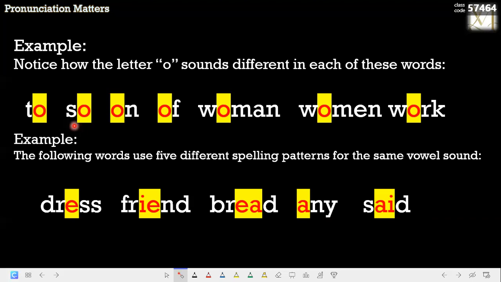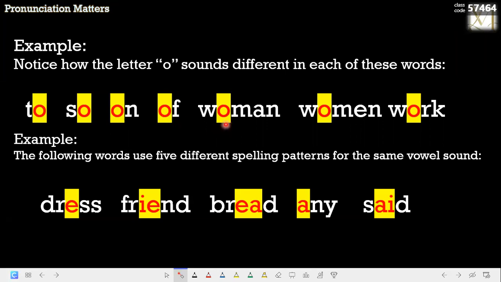It is a diphthong. It's O, like no, like go, it's O. Here we say ooh. And here it is on. And here it is up, the schwa, up.